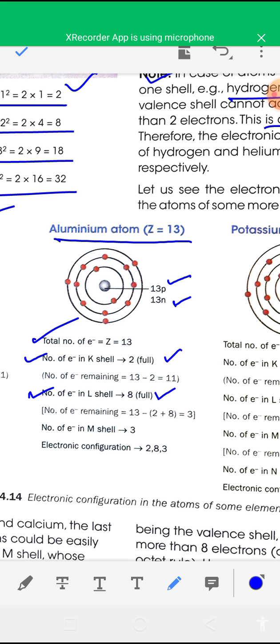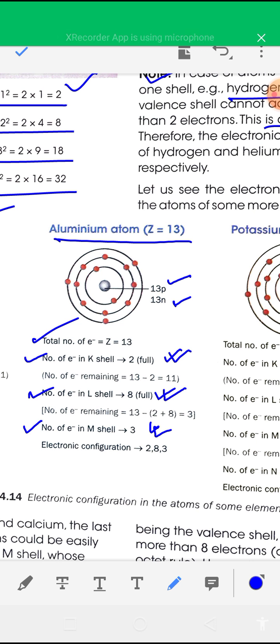So in the first shell 2 electrons, in the second shell 8 electrons; total 10 electrons you have arranged in the K shell and L shell, and the rest 3 electrons you give in the last shell, the valence shell, that is the M shell.